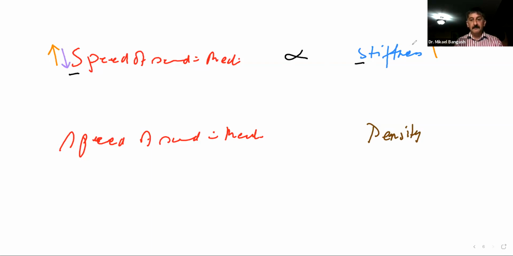Lesser stiffness, lesser speed. So the less stiff a medium is, the slower the sound is going to be traveling. And then vice versa. The more stiff a medium is, the faster the sound will travel through that medium.